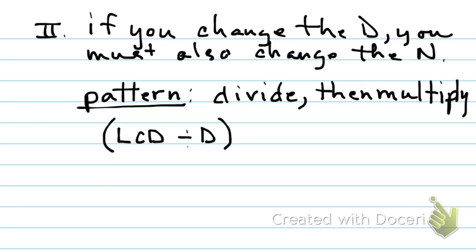Now when I do that division, I don't get the same number I started with, right? 8 divided by 4 is 2, right? You get a whole new number, don't you? And you're going to take that result and then multiply it times your numerator. So there it is. Divide, then multiply. Do the division and then do the multiplication.